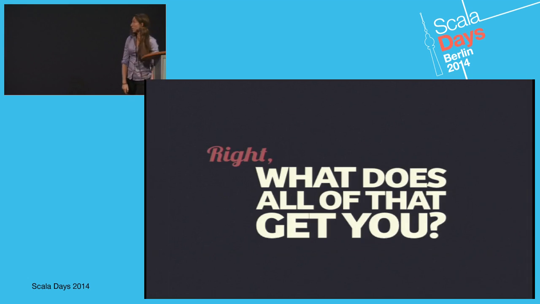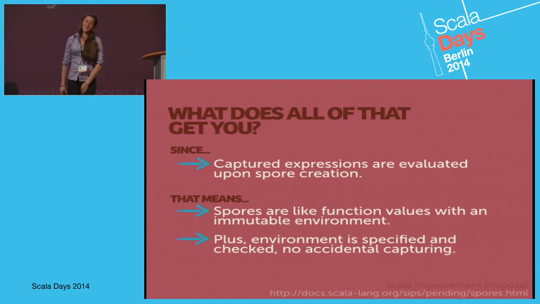So that's it. It's very simple, right? So what does it get you? This is, like I said, the mainline version where it's mostly syntactic. It gets you the guarantee that, since the expressions are evaluated at the time that spores are created, you can think of spores as being like function values that have immutable environments.